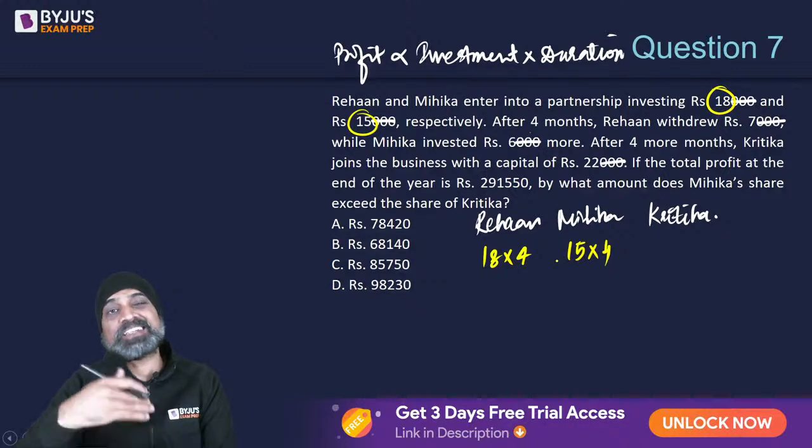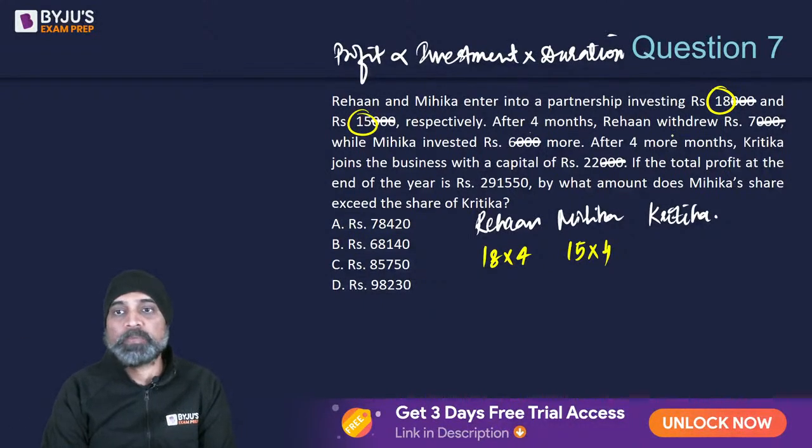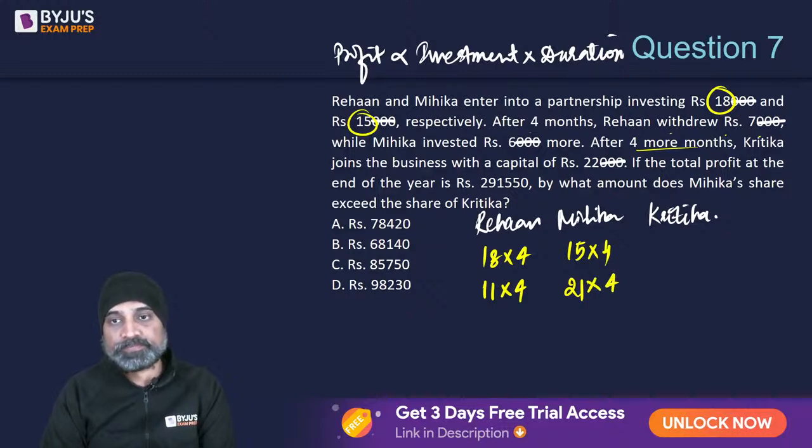What happened in the next 4 months? After 4 months, Rehan withdrew rupees 7. So when Rehan withdraws rupees 7 out of 18, he's left with 11. And that is for the next 4 months. If we talk about Mihika, she invests 6 rupees more. So she is going to put in 21 rupees, 15 plus 6.